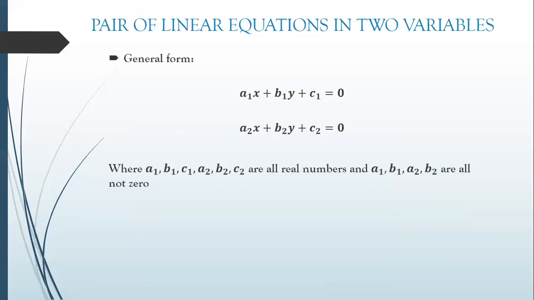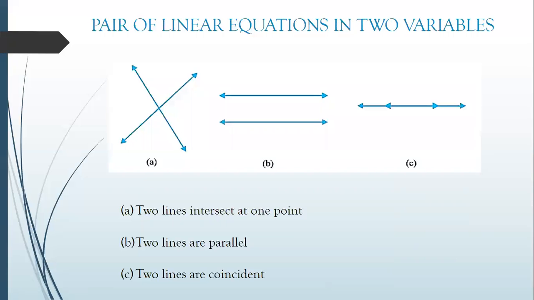Otherwise it will become a single variable. Now, what are the possibilities when we are having two lines? Either they can intersect at one point, as in option A, or they can be parallel, like in option B, or they can be one and the same line, as in option C. If they are the same line, it is called as two lines are coincident.